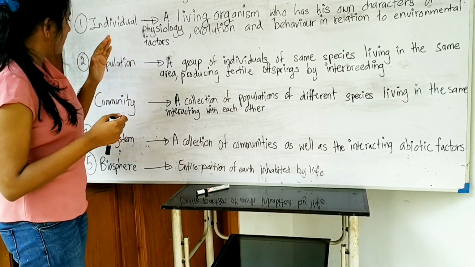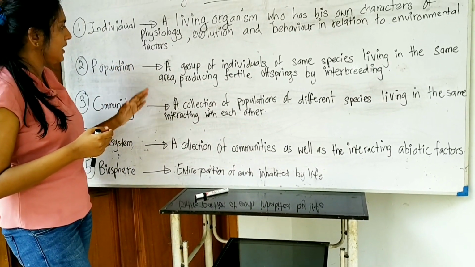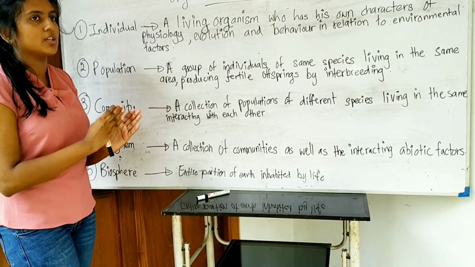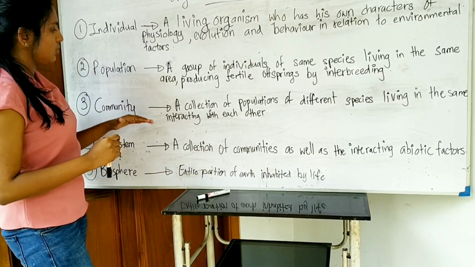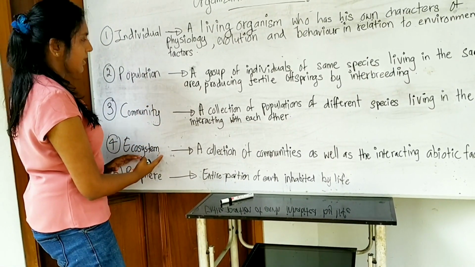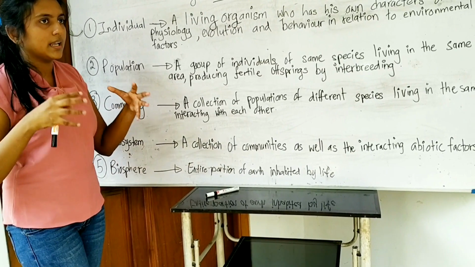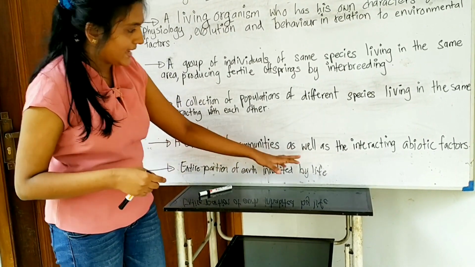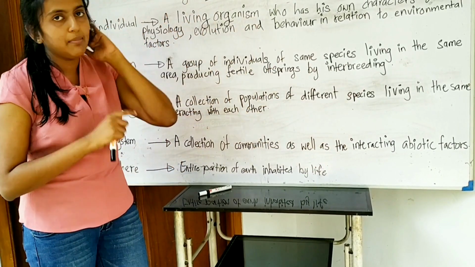Then when we consider population and community, these two are all about biotic components. We know biotic components means living things. So these two parts include living things only. So coming to the ecosystem, an ecosystem is not just a collection of communities, but a collection of communities as well as the interacting abiotic factors.